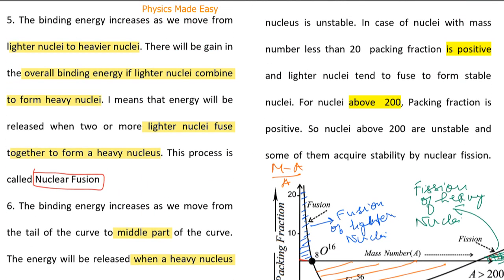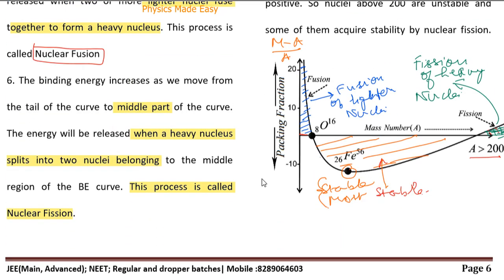And now a broad review. Nuclei with mass number less than 16 are unstable. Packing fraction for them is positive. And then we have got nuclei starting from mass number 16 up to 200, where the value is negative and the nuclei are stable.